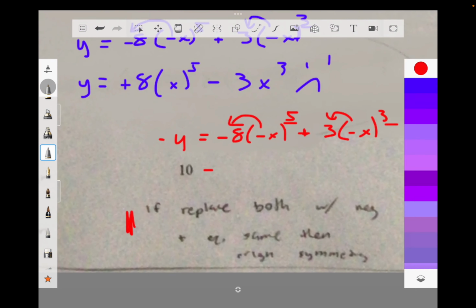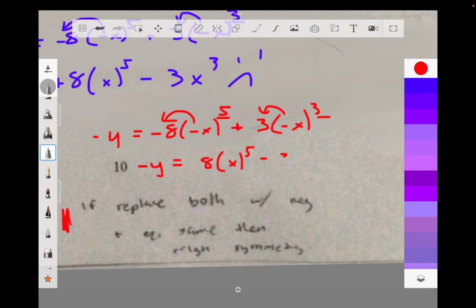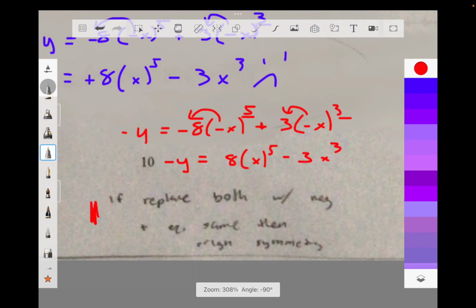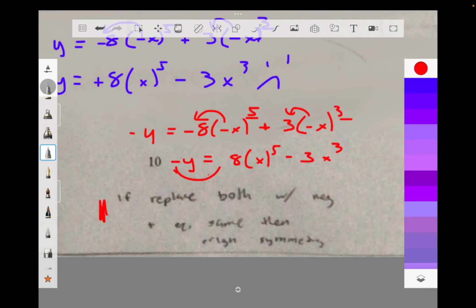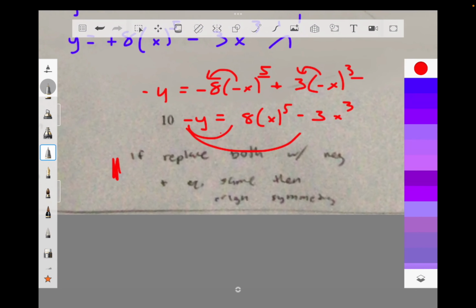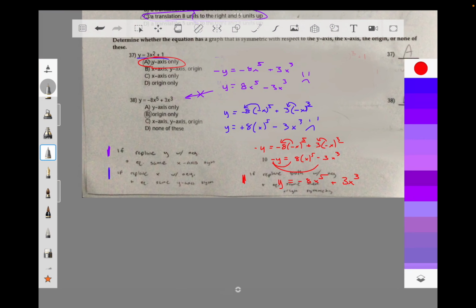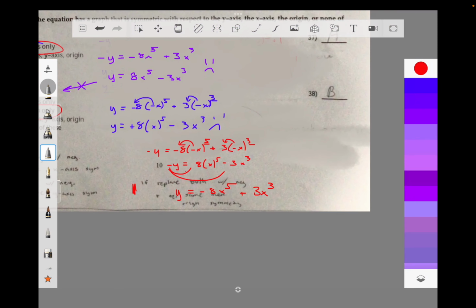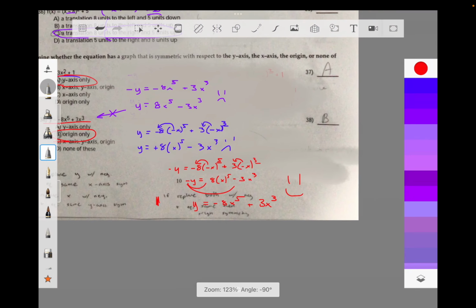So it's going to be negative y equals 8x to the fifth minus 3x to the third. And then there's a negative here we could distribute, which becomes y equals negative 8x to the fifth plus 3x cubed, which is the same as our original, so it is origin only. Smiley face.